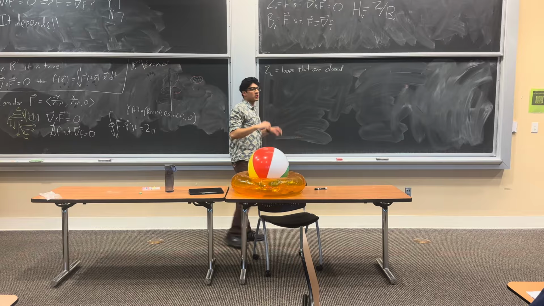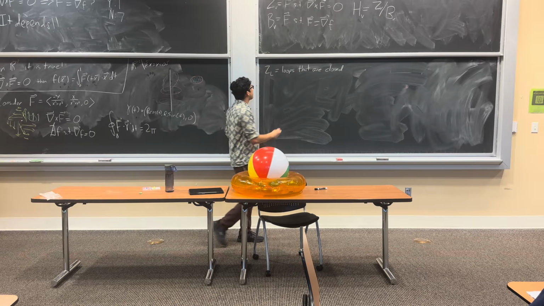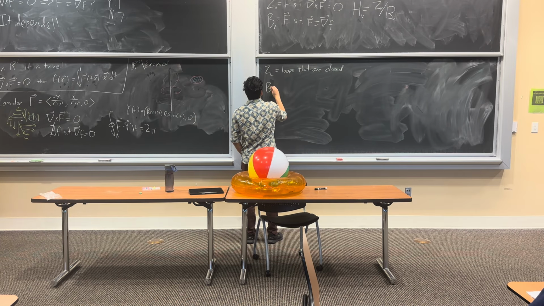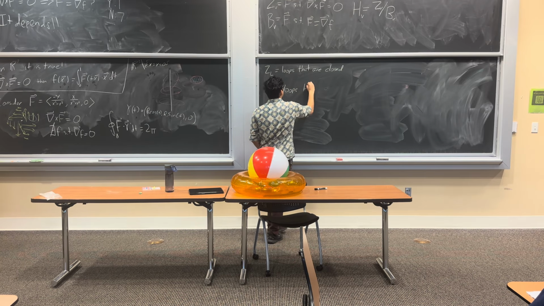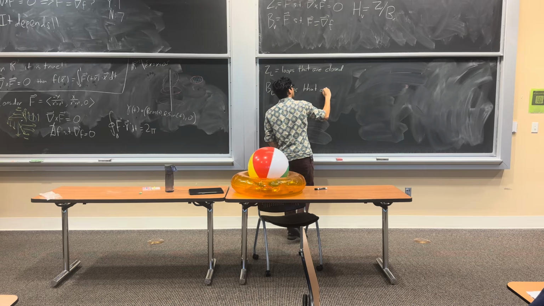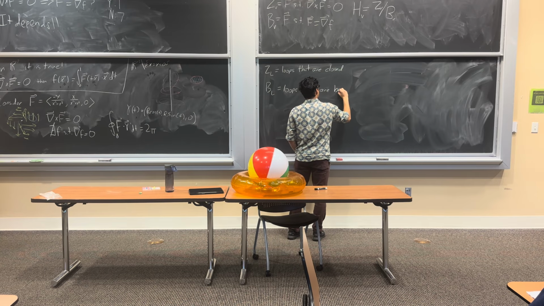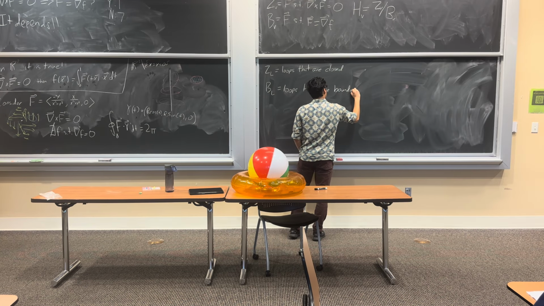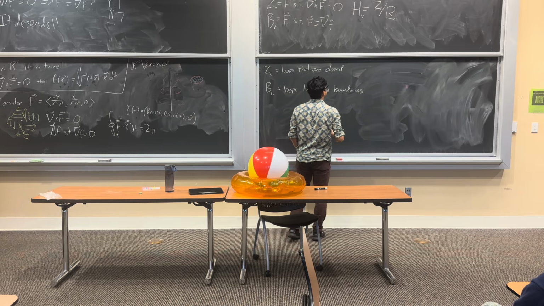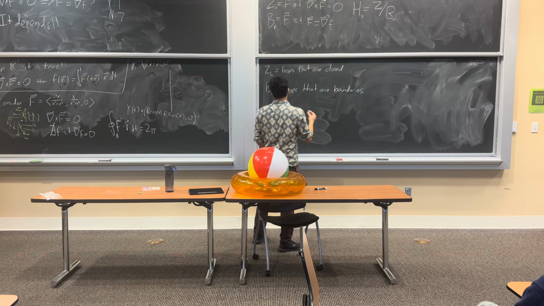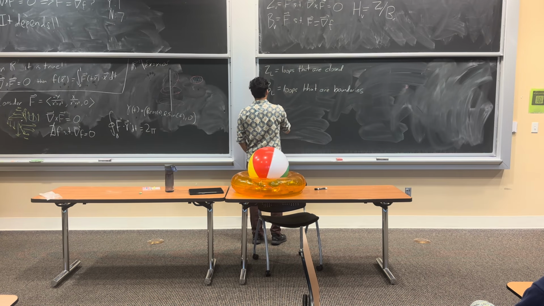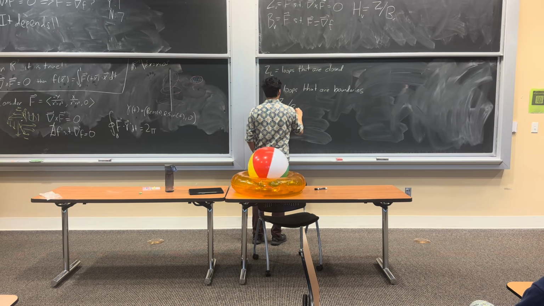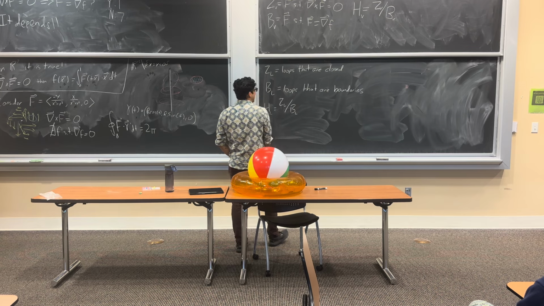So just closed loops, that's simple. And B of L is loops that are boundaries. And as you may guess, H equals Z of L over B of L.